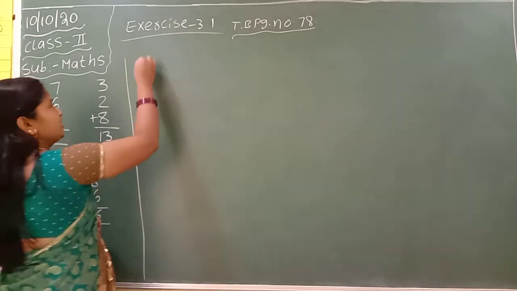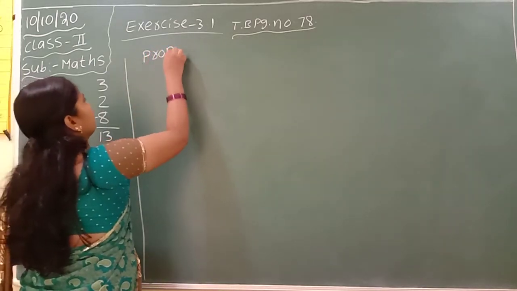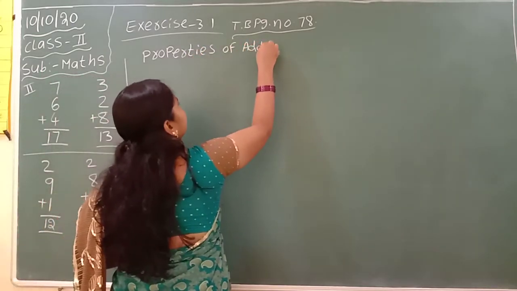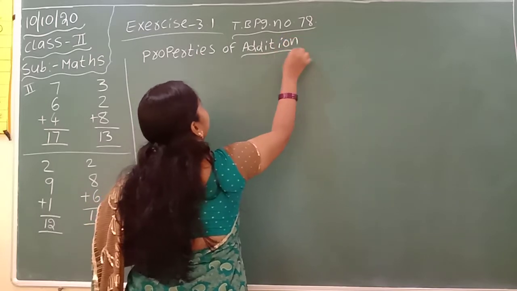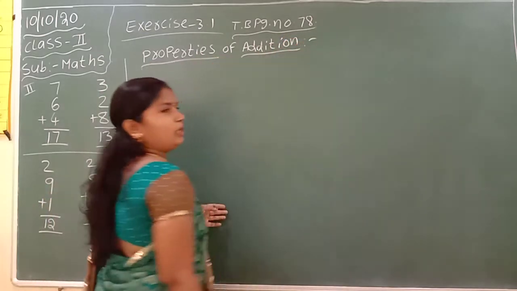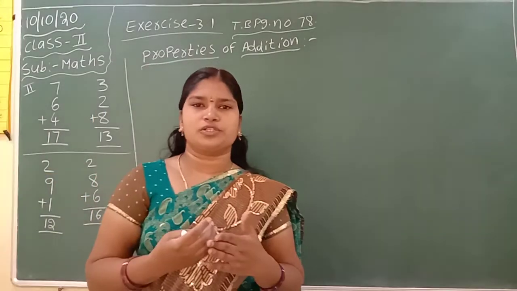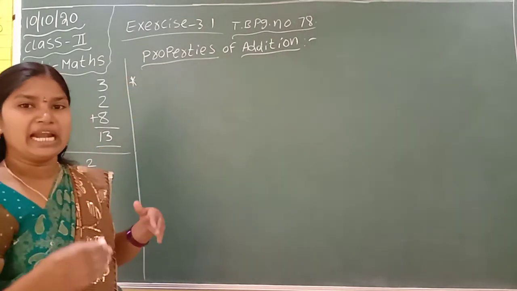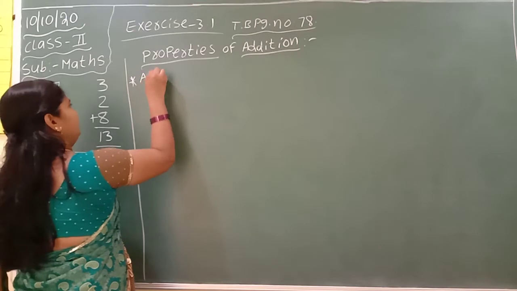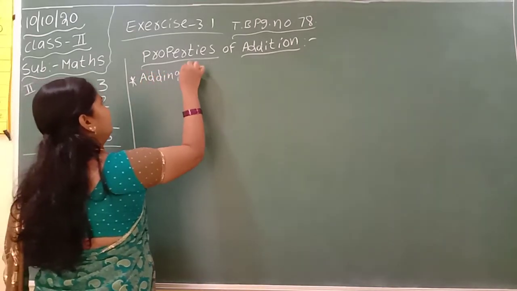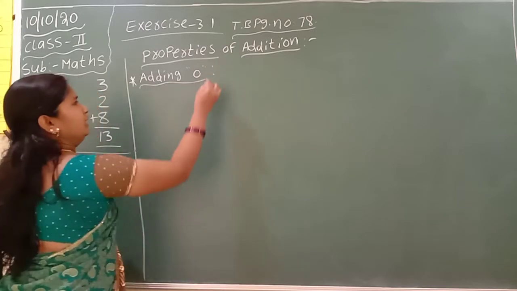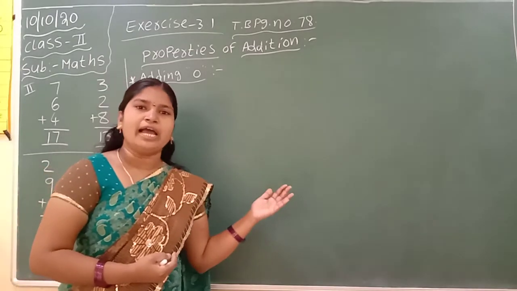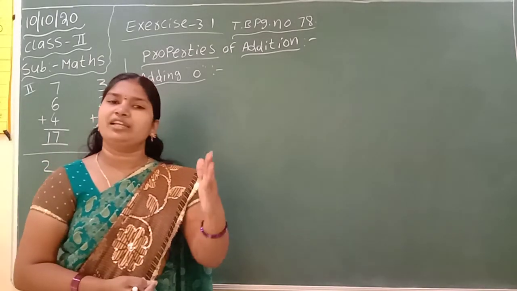Now we have to discuss some properties. Properties of addition. Properties are nothing but rules. See, the first property is adding 0. If we add 0 to any number, we will get the number itself.